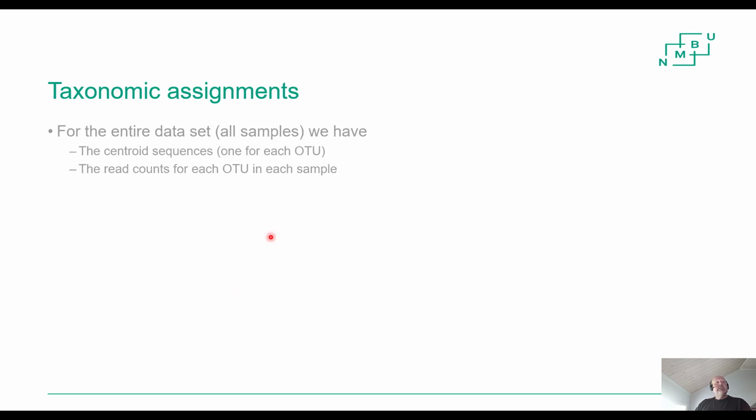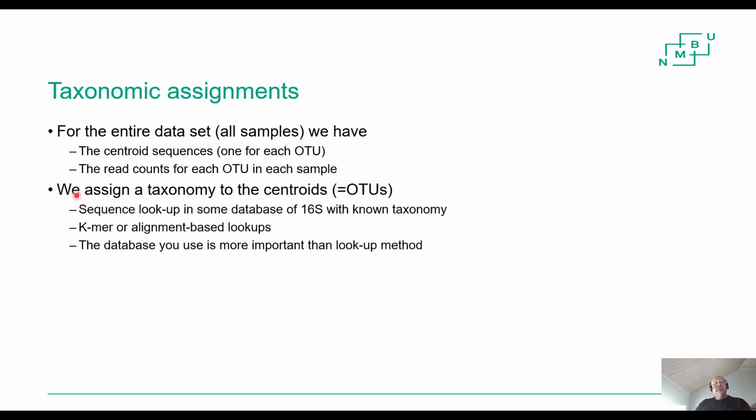Okay, taxonomic assignments is something we also have to say a little bit about here. For the entire data set, we now have the centroid sequence, and we have the read count table telling us how much we see of each OTU in each sample. And then we typically assign taxonomy to the centroids.